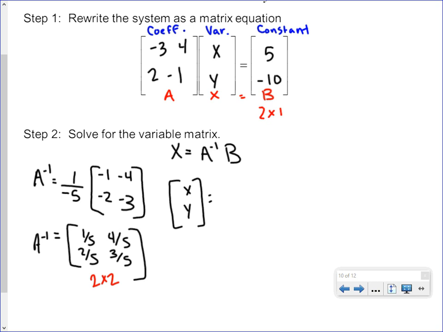So the only order that I could possibly multiply those matrices is inverse A times B. So I have my 1/5, 4/5, 2/5, 3/5. I'm going to multiply it by 5 and negative 10.